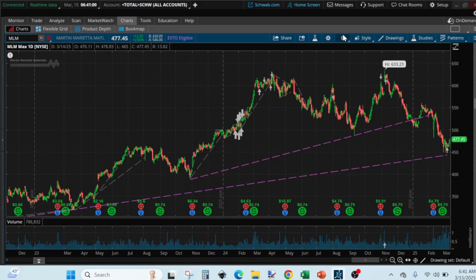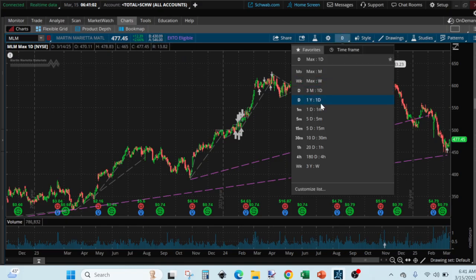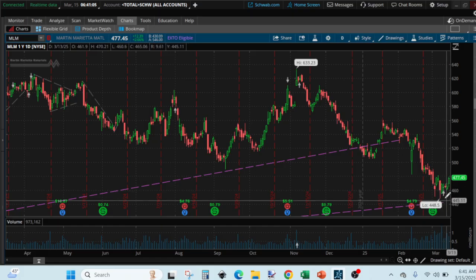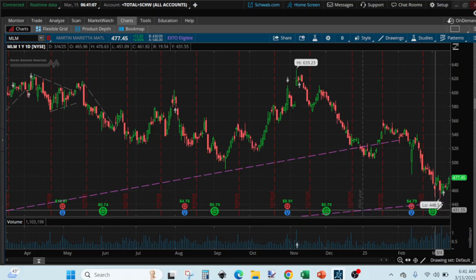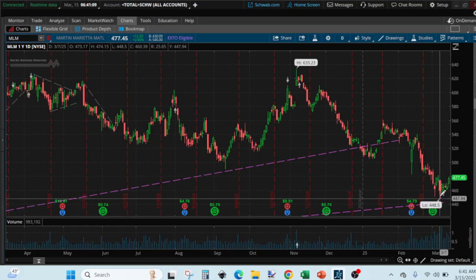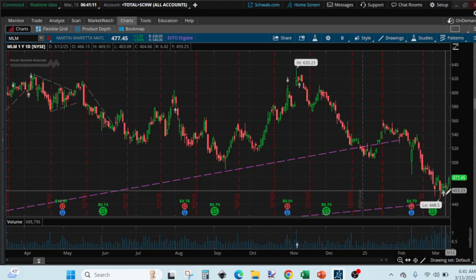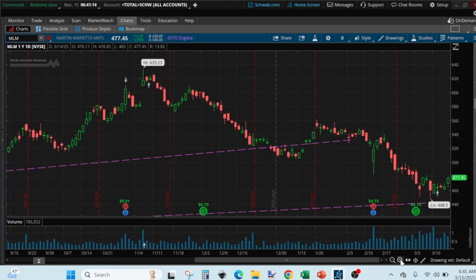Let's go to the 1 year daily chart, might help us see better there. So it was the lowest of the year, that bar, but we bought it. Let me see if I can zoom more. We bought it at the second green bar that followed this pullback.